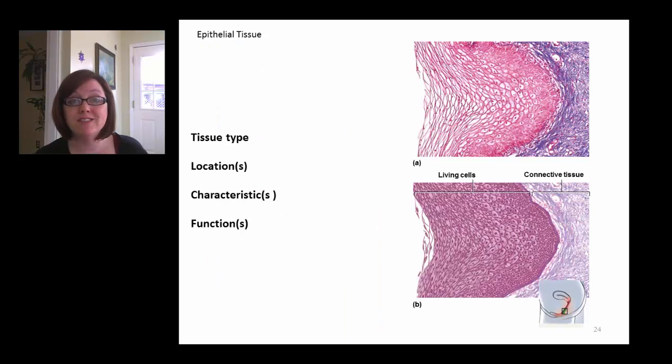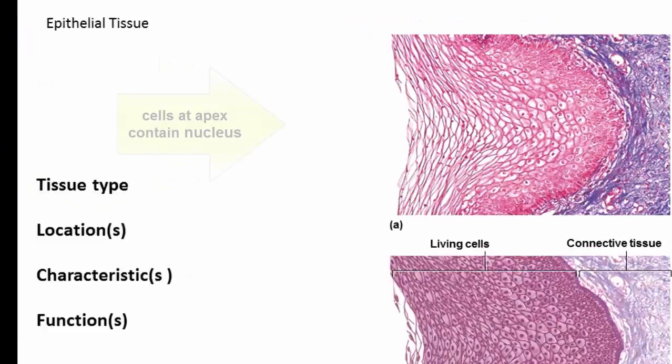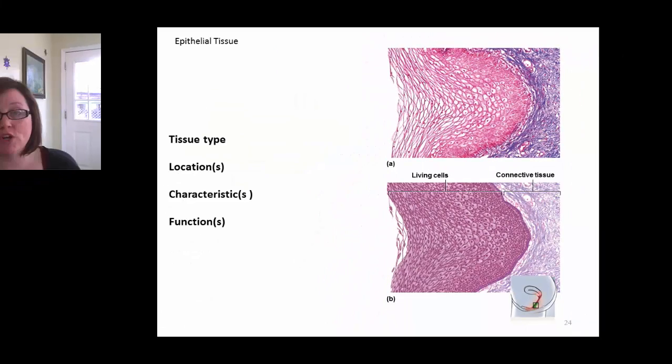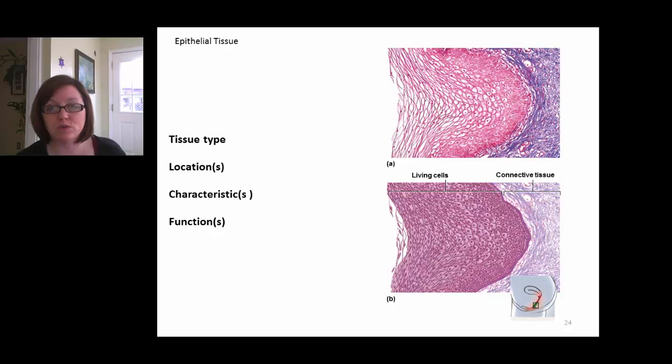Now over here, this is the non-keratinized stratified squamous epithelial tissue. Notice here that the cells at the apex are alive, and we can tell they're alive because they possess a nucleus. We're going to find non-keratinized stratified squamous epithelial tissue in places like the vagina or the mouth, as I mentioned, places where skin goes in. It's very protective, right?